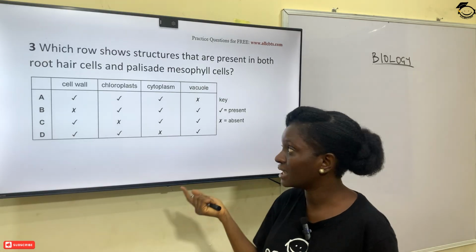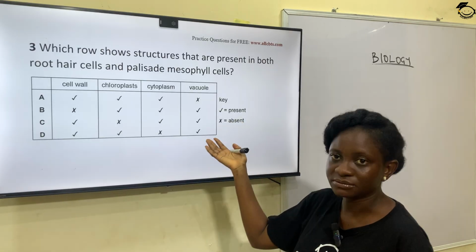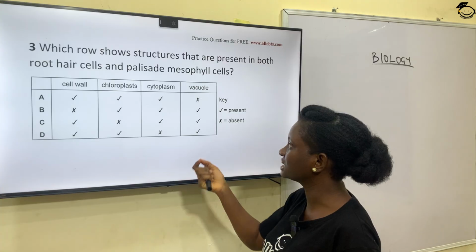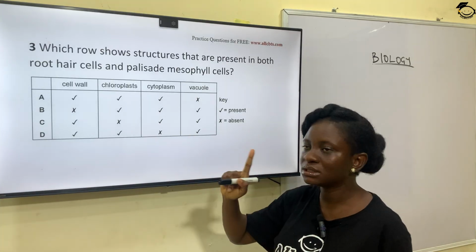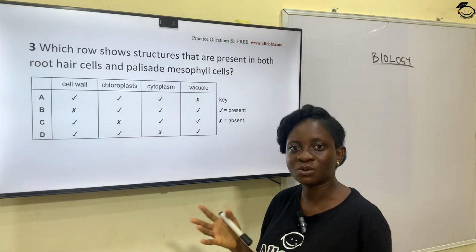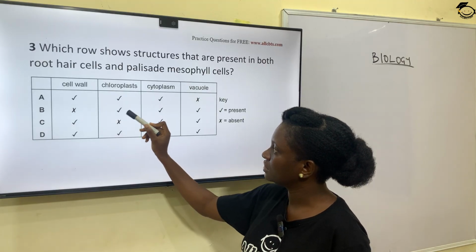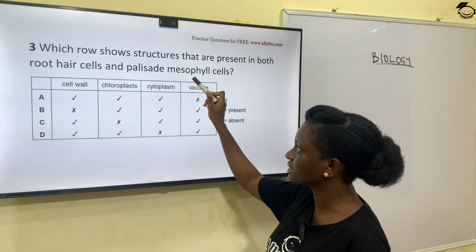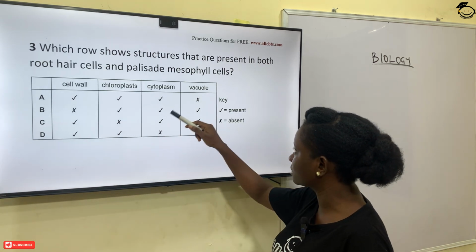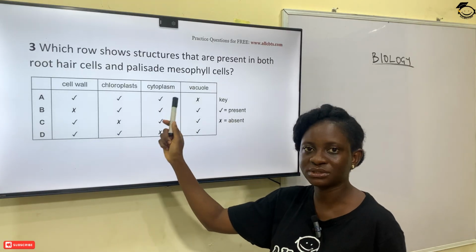Because chloroplast is found in leaves, and leaves have mesophyll cells, so it's involved in photosynthesis. That's why chloroplast is only present in mesophyll cells. But the question is asking for the ones present in both cells, so chloroplast does not apply. So the answer is C. Cell wall, cytoplasm, and vacuole are present in both cells.